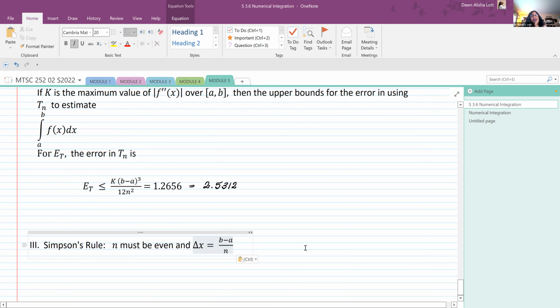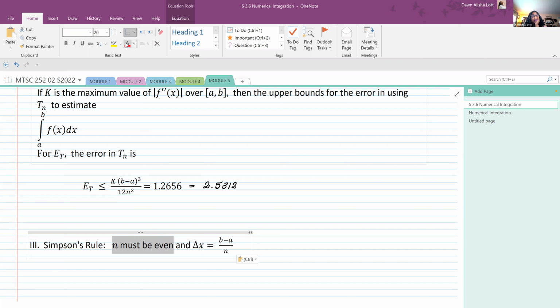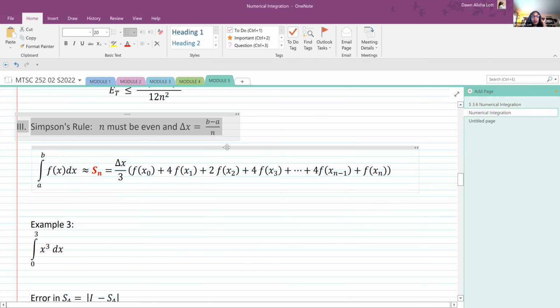Okay, so Simpson's rule, there is a restriction: n must be even. This will not work if you try to divide your interval into an odd number of subintervals. N has to be even. And then your formula looks like this.